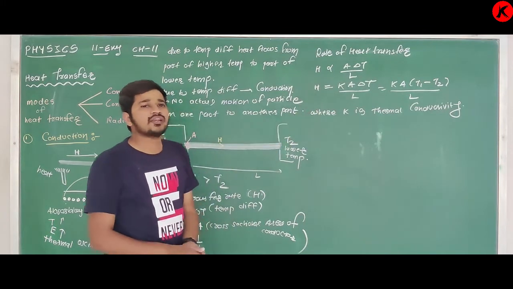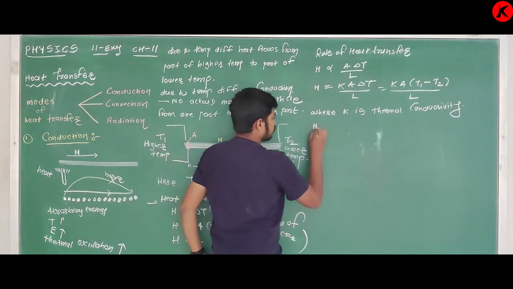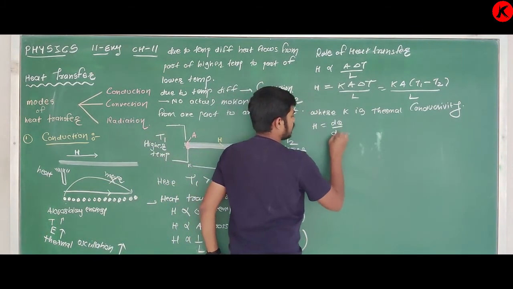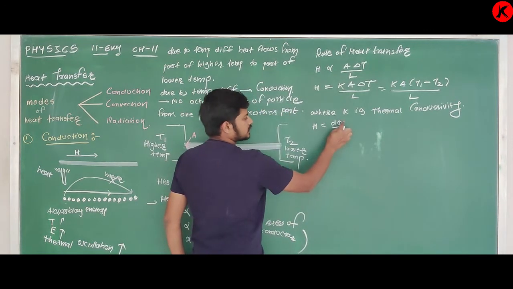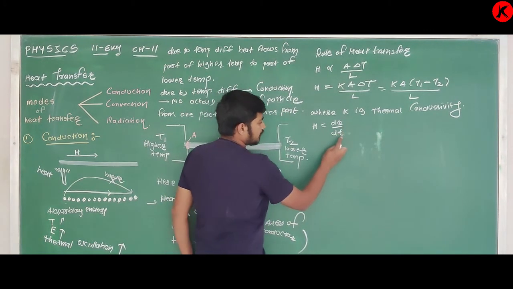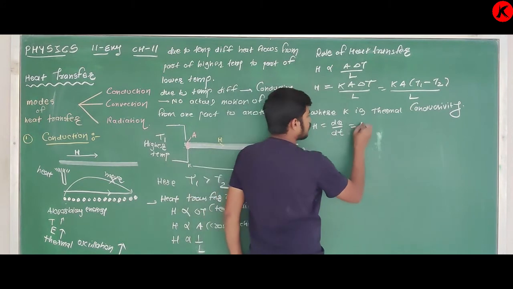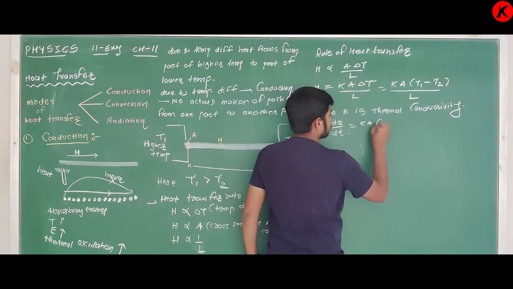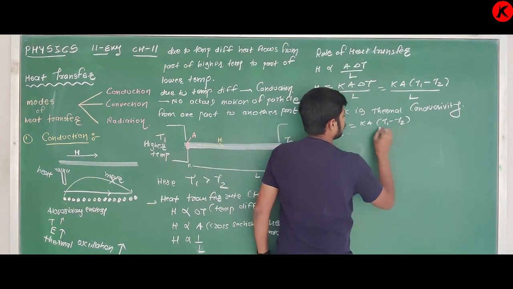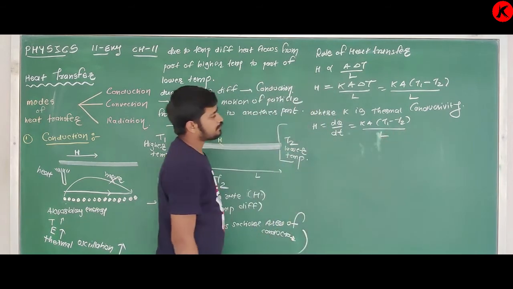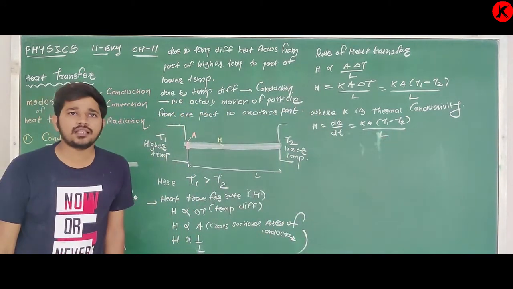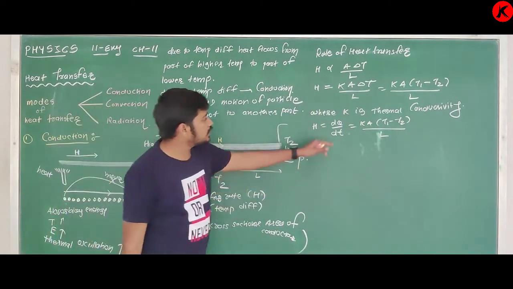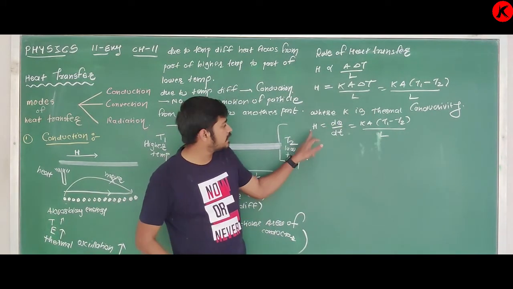You can also write this H as dQ upon dt. That is the rate of heat transfer, which is equal to KA (T1 minus T2) upon L. Okay. So what is each quantity?